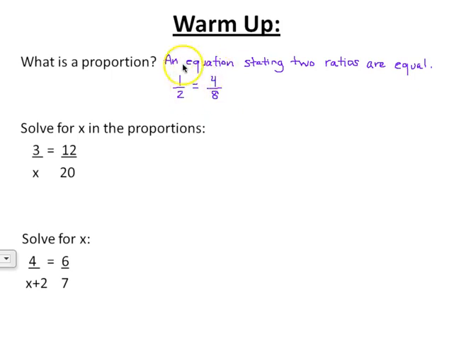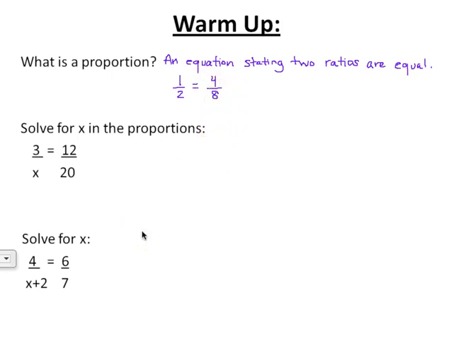So we've got two ratios and they are equal. This 4/8 can reduce to 1/2. So the idea of proportions is that a ratio can be written in many ways and still be equal to the same value, such as this one right here, where both these values are equal to 1/2. That's why proportions are actually equations with equal ratios.